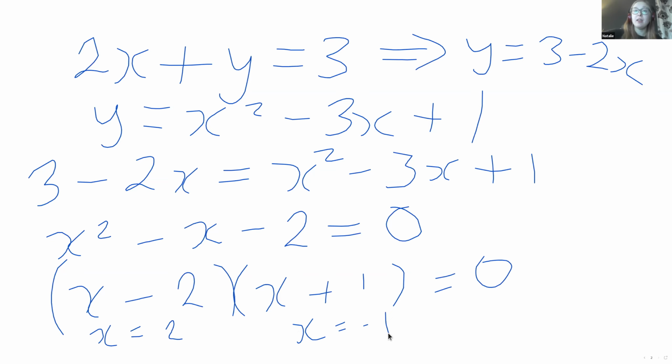So in this case, y is going to be equal to minus 1. And in this case, y is going to be equal to 5. And there you have it. Our coordinates are (2, minus 1) and (minus 1, 5). Intersections of graphs, all done algebraically.